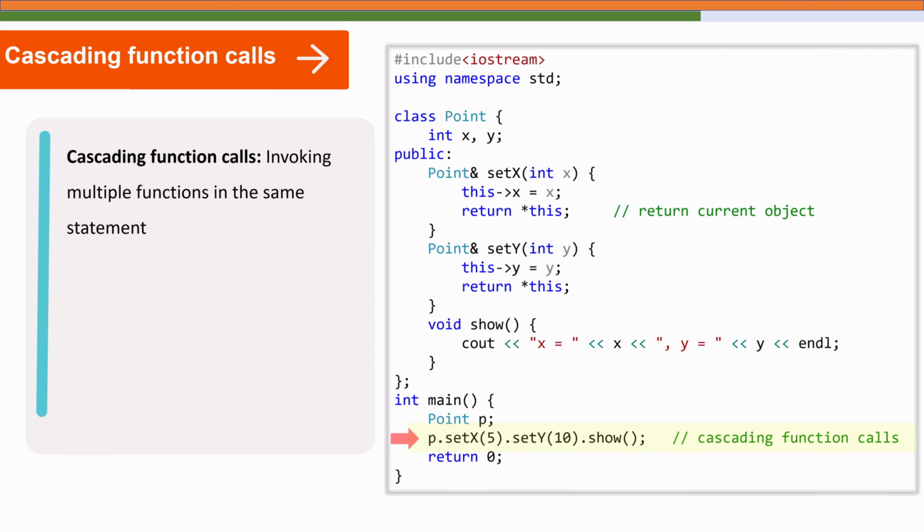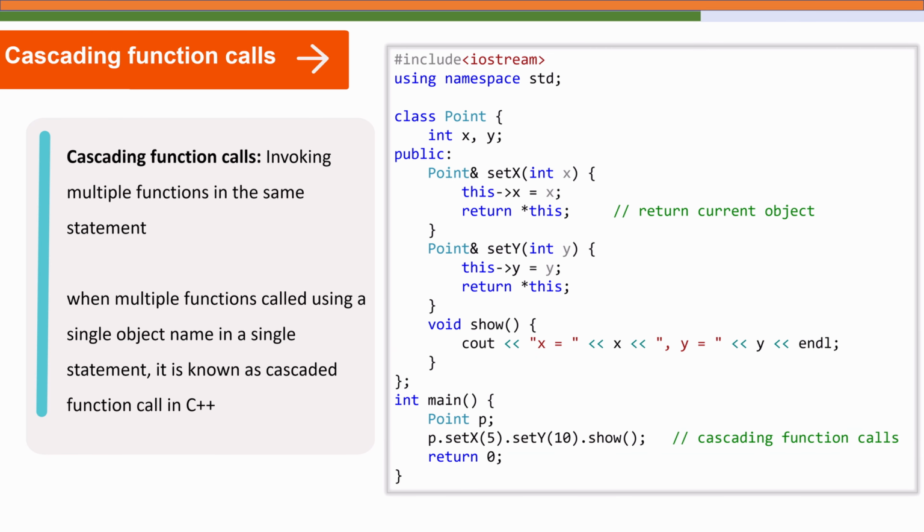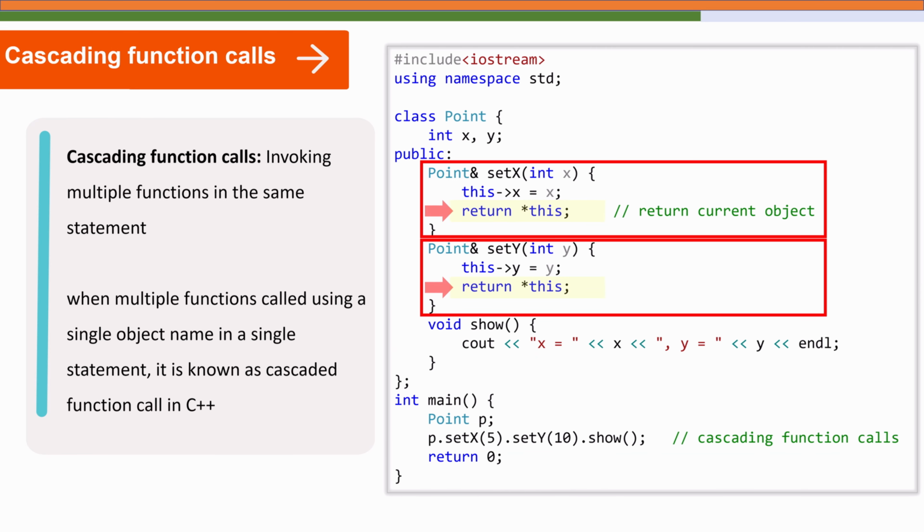To make that possible, our functions must return the current object itself, and that is exactly what the this pointer allows us to do. In this example, setx and sety both return *this, which refers to the current object, and that allows us to chain the next function call right after the previous one.